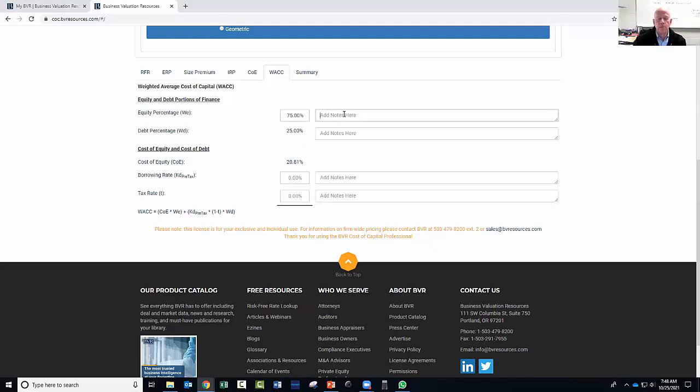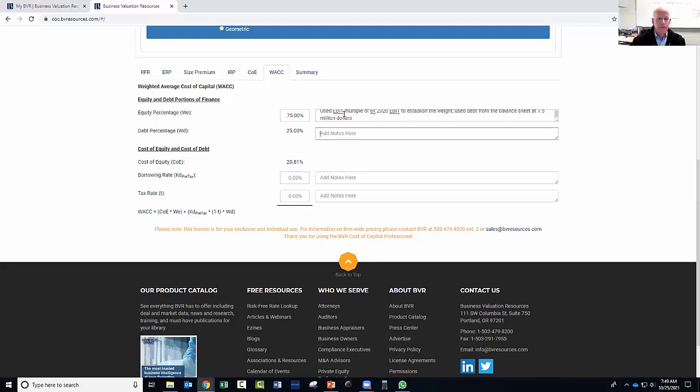It also gives me an opportunity to put in some notes. So I'm going to say that we used an EBIT multiple of 6 times 2020 EBIT to establish the weight, and that we used the debt from the balance sheet at 1.5 million.